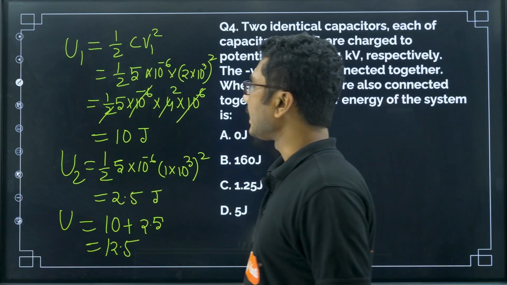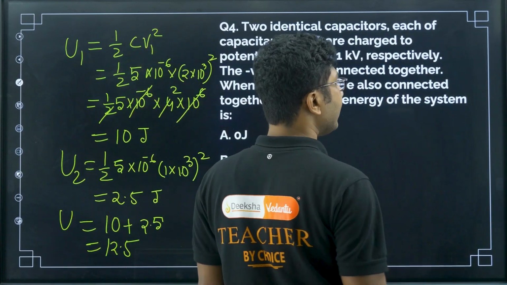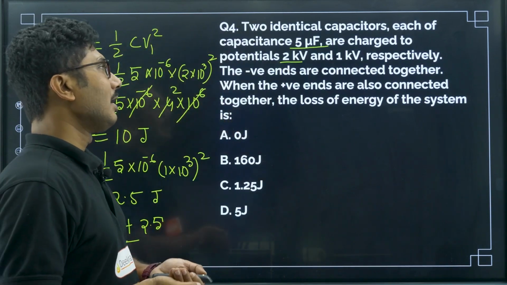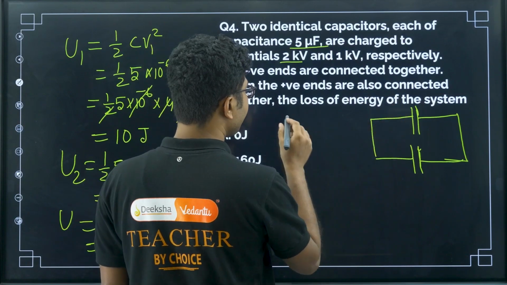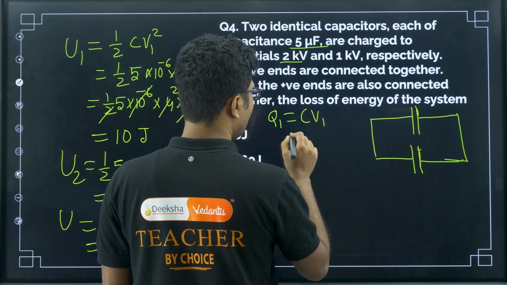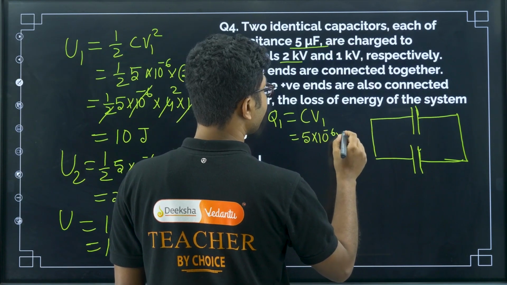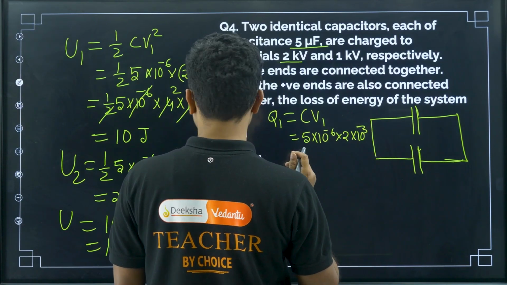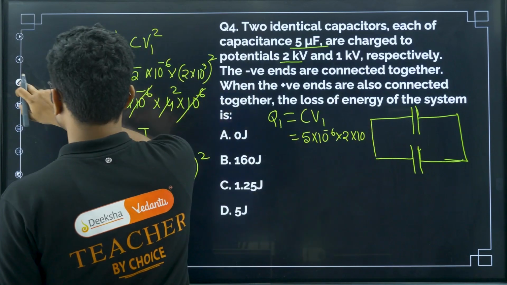When they are connected in parallel, they will exchange some charges and their potential will change. Let us calculate the charges stored in the individual capacitors. Q1 is C V1, or 5 times 10 to the power of minus 6 times 2 kilovolt, and kilovolt means 10 to the power of 3.